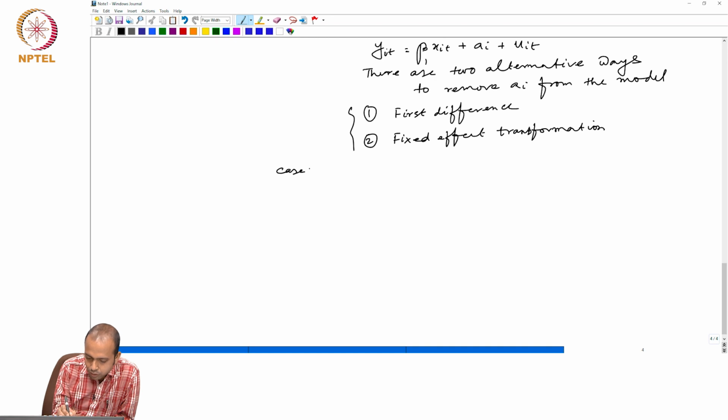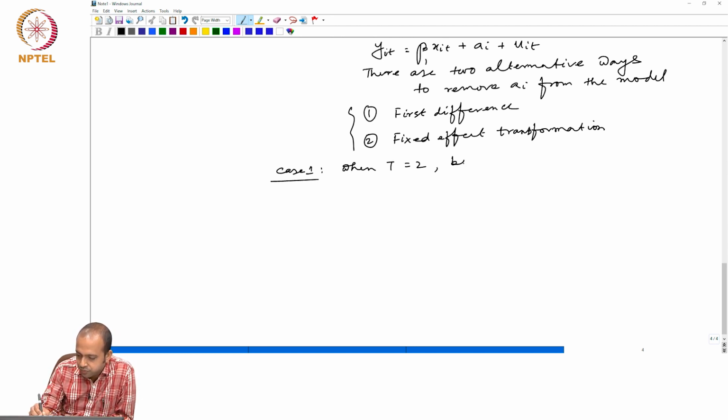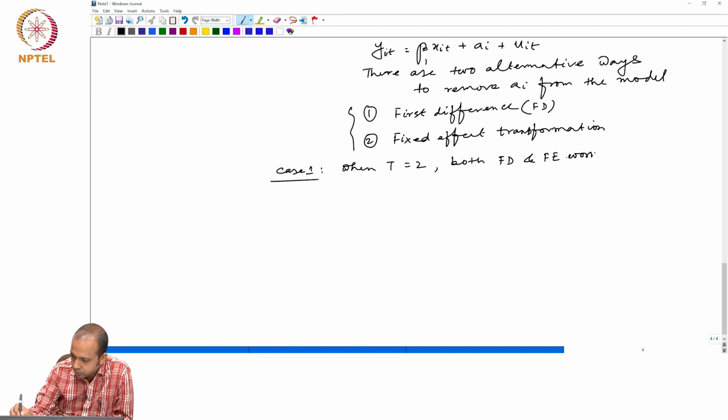Case 1, when T equals just 2, that means we have only 2 periods of data, both FD, first difference, and FE work with equal efficiency.